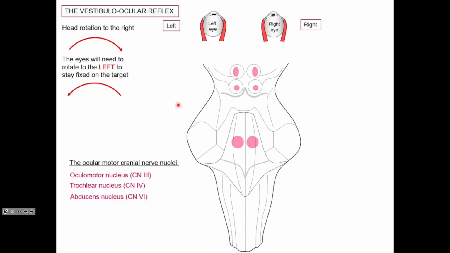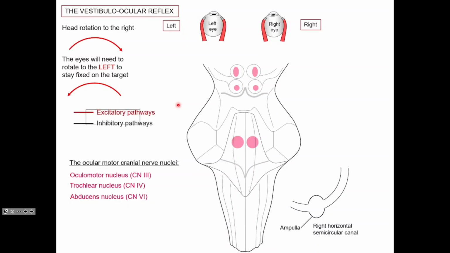We have the abducent nucleus in the pons. This is your right semicircular canal. So when your head is moving towards the right, it is your right horizontal semicircular canal which needs to be excited or activated. So head is rotating to the right, endolymph is rotating to the left, causing the excitation of your right semicircular canal.